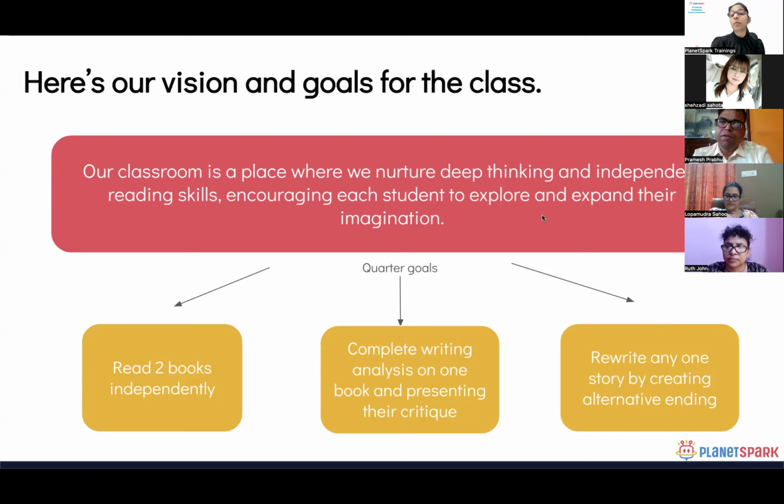Only when I have a proof point that they were able to read 2 books independently. It doesn't matter which books they are. My focus is to improve their reading skills and ensure that they've developed that reading habit on their own. Maybe these are picture books, age appropriate, but they are able to read 2 books independently.